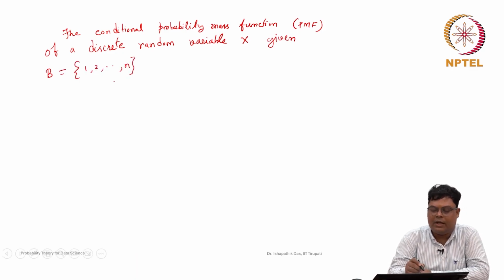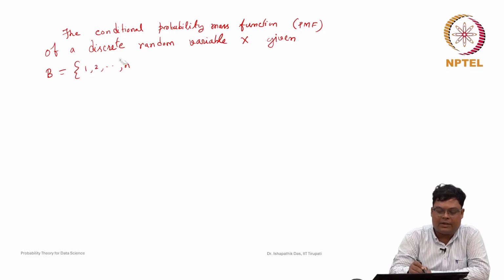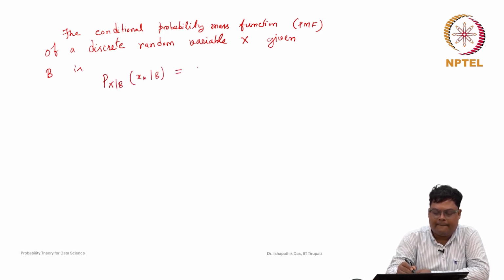For any event B, it is represented as p_{X|B}(x_k | B), which is equal to the probability that X is equal to x_k intersection B, divided by the probability of B.